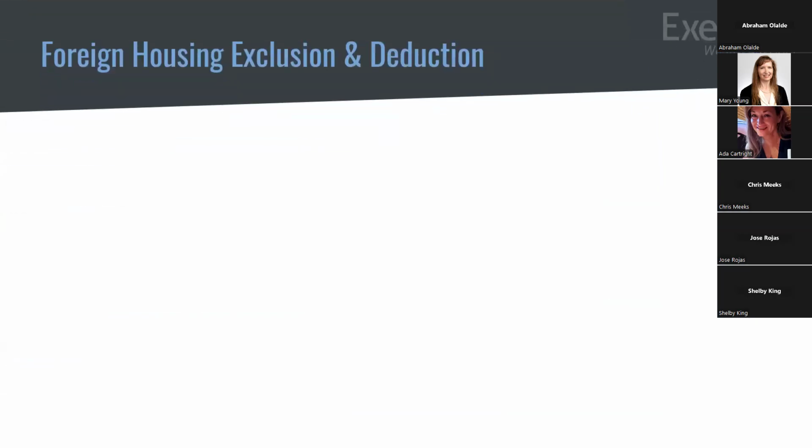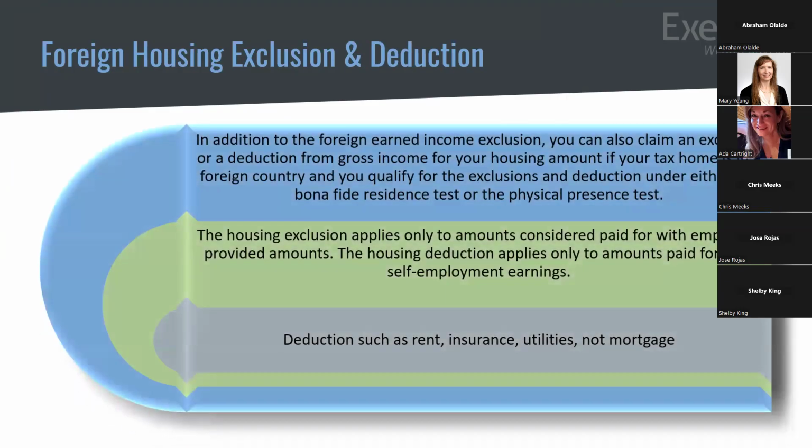So the foreign housing exclusion and deduction. We see this even less often than we do the foreign earned income exclusion, but it's just something to be aware of. This is where the taxpayer can exclude or deduct certain foreign housing amounts. This is going to include rent, insurance, utilities, but not mortgage.